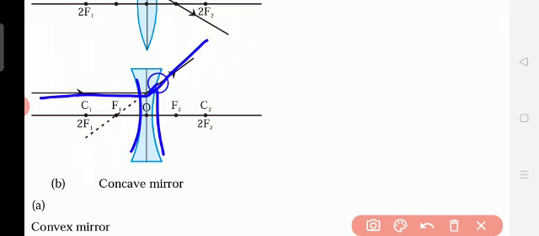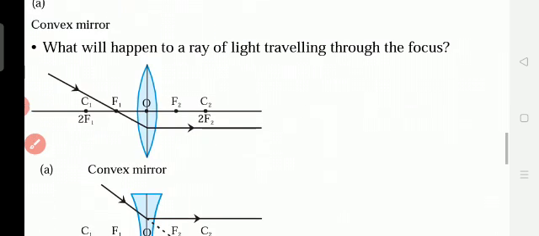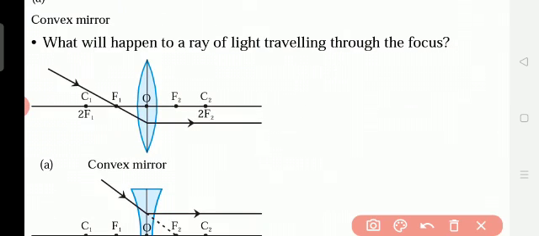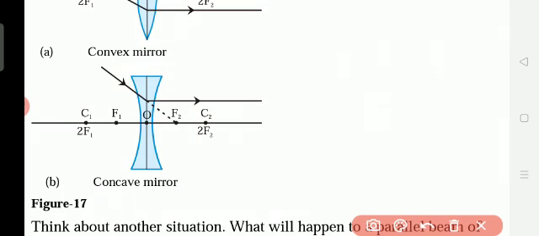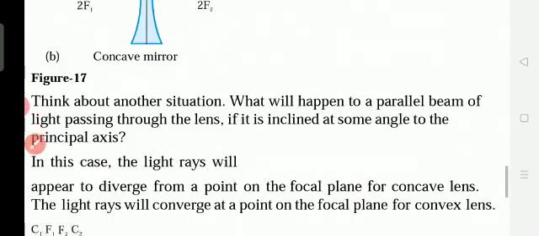This diverging refracted ray will show as though it is coming from the focal point. Here also the same thing: light traveling through the focus, F means the focus point. The same for the diverging case, not meeting, but always showing as though it is coming from the focal point.